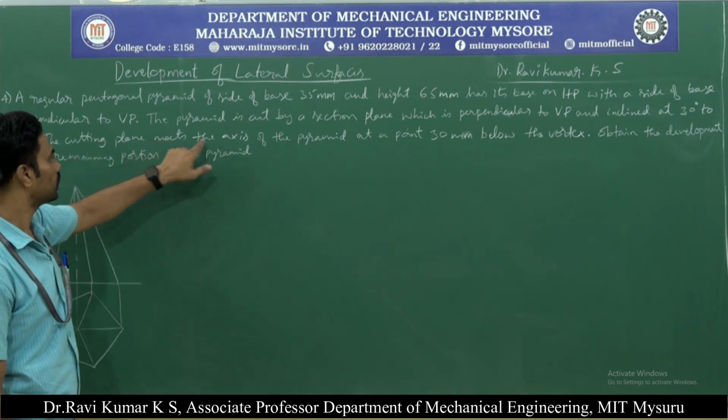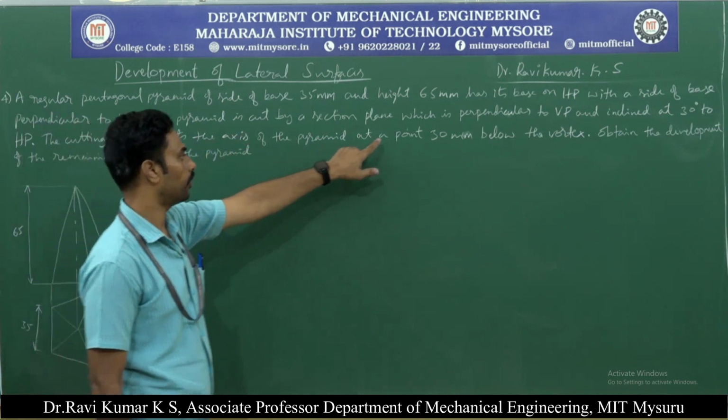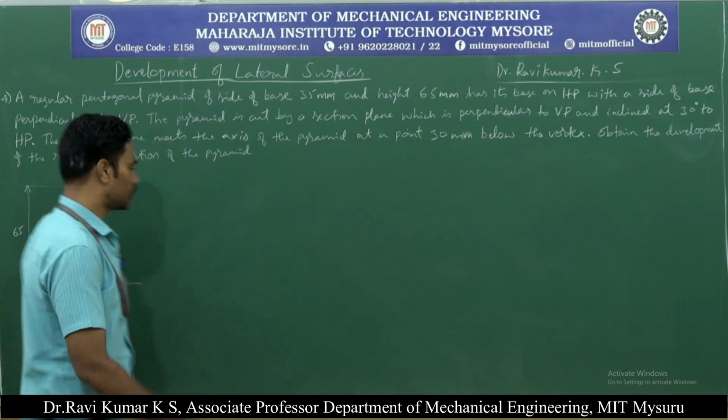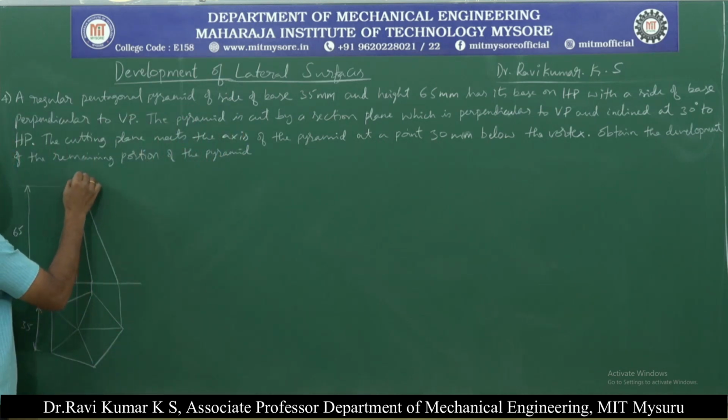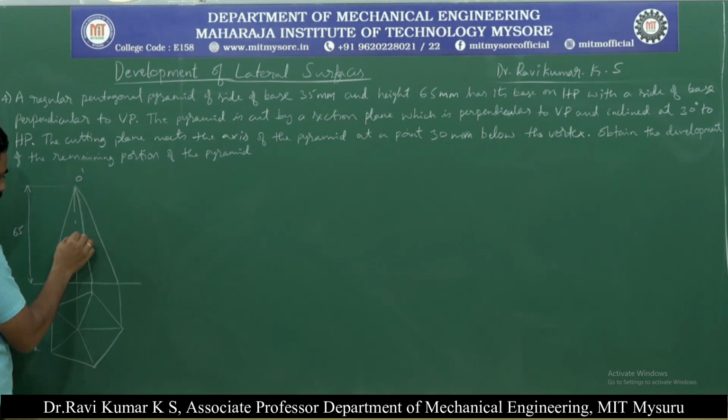The cutting plane meets the axis of the pyramid at a point 30 mm below the vertex. So this is the vertex, O dash. Below the vertex, 30 mm along the axis.